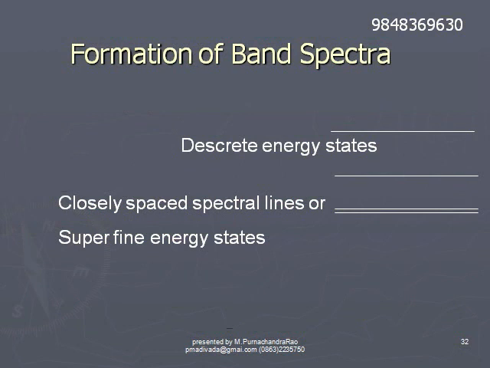So closely spaced spectral lines are formed. That means the wavelengths are very close. This is due to the closeness of the energies of these photons, due to the transition of the molecules between superfine, very closely spaced energy levels.